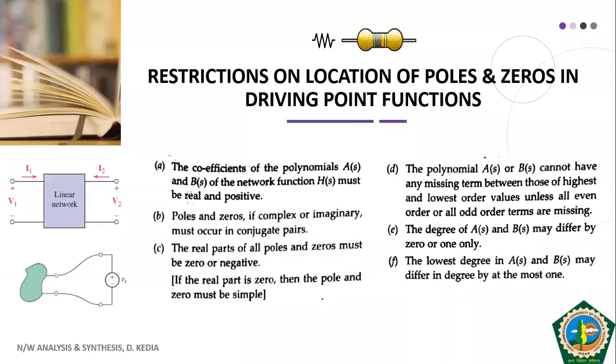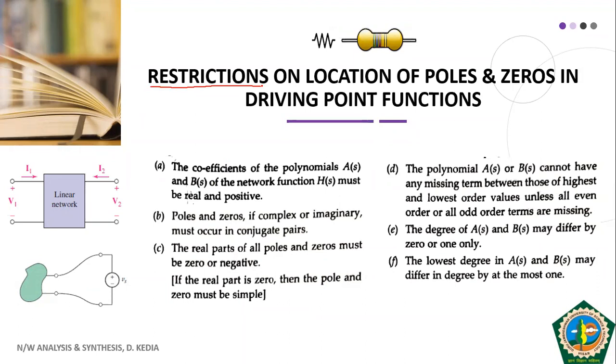So I'll read out these conditions one by one and help you understand how to apply them in the numericals that you will come across to find out the stability or the realizability of the network function. First, you should see that these are restrictions: the poles and zeros in your pole zero plot cannot be located anywhere.